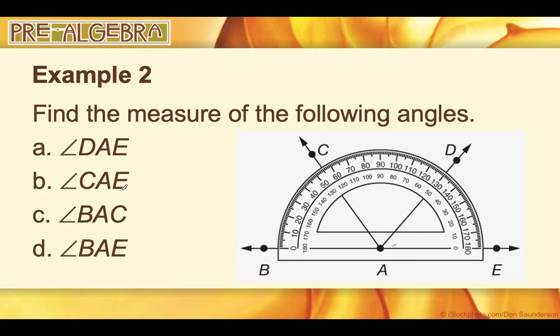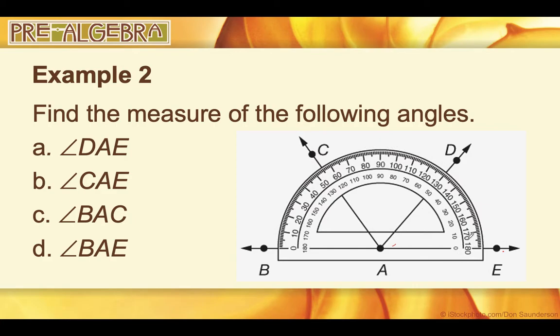So let's go to letter A, angle DAE. So we're talking about this angle right here, angle DAE. Let's talk about the measurement of this angle. Well, first off, what kind of angle is angle DAE? It's an acute angle. Acute angles must be less than 90 degrees. So let's talk about reading this on our protractor here.